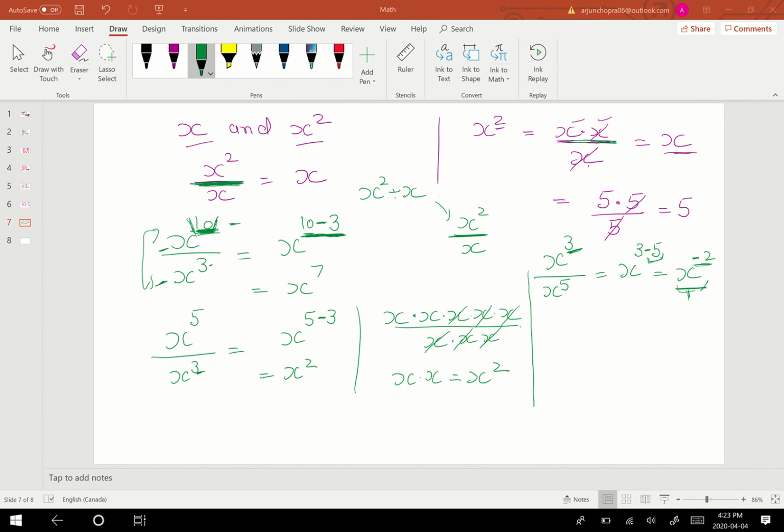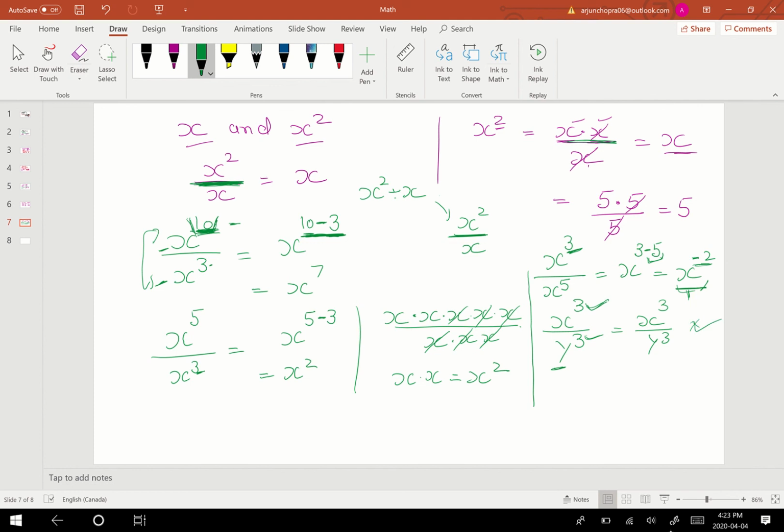Now another question, when we have x raised to the power 3 divided by y raised to the power 3. Here the bases are different, exponents are the same. But I can't do anything about this, so I'll leave it as it is, x raised to the power 3 divided by y raised to the power 3. This cannot be further solved.